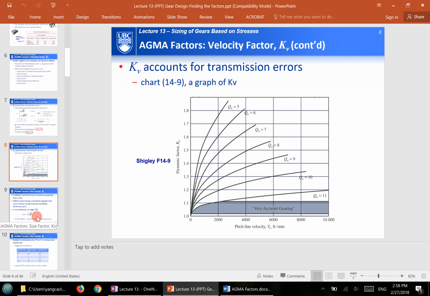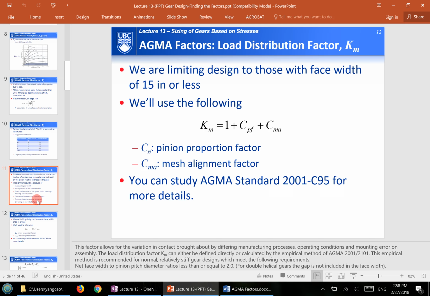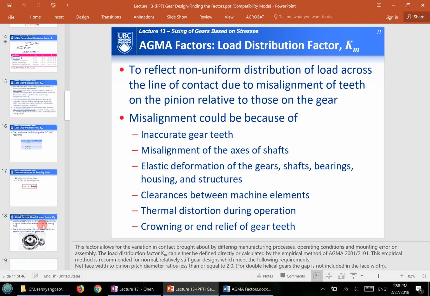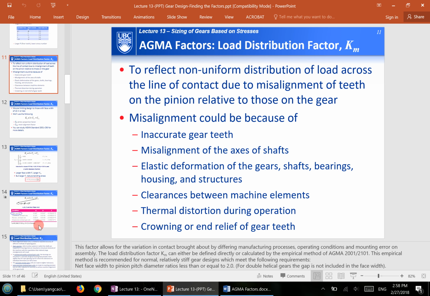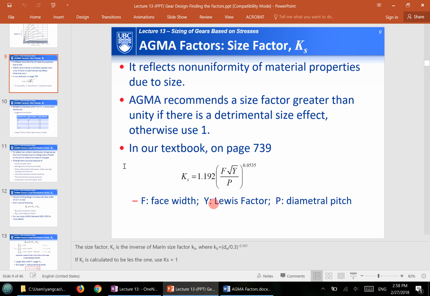It's a size factor, right? So it's a very similar factor compared to that. Here's my surface factor. Over here. So this is the surface factor, the size factor.